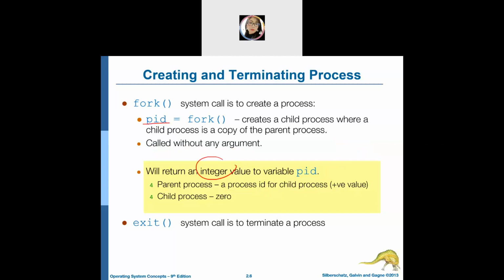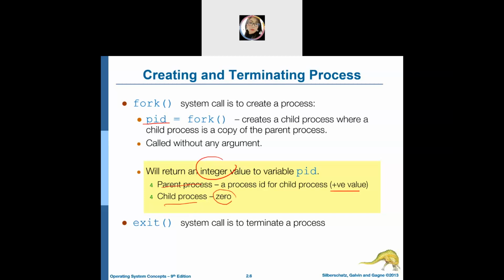If you want to check whether it is a child process or a parent process, the parent process will return a positive value, while the child process will return the value of 0.